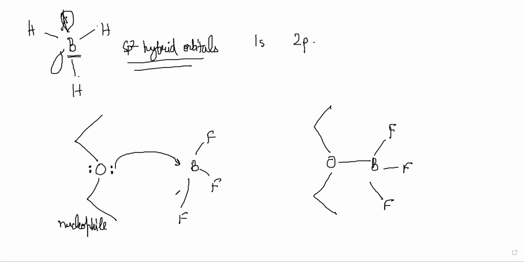Originally everything was neutral, so this is still neutral overall. However, you can put this as slightly positive and this as slightly negative, because both electrons were coming from this side. So technically it has lost both and got only one in the bargain, so it has lost one electron overall.